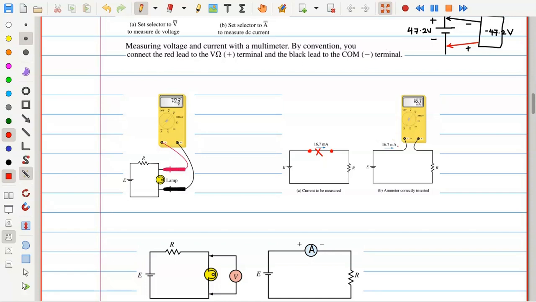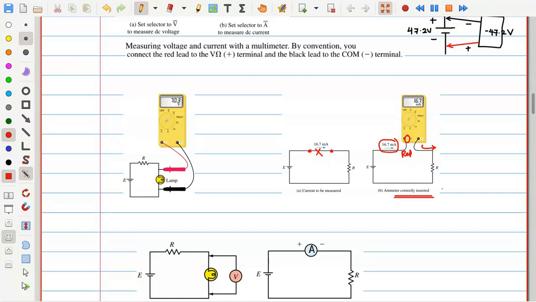Clear? So the current should enter the positive terminal, which is the red probe, and it should leave from the negative terminal, the black probe. So this is the proper connection of the ammeter. Clear?